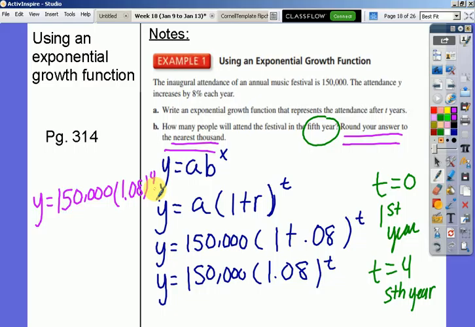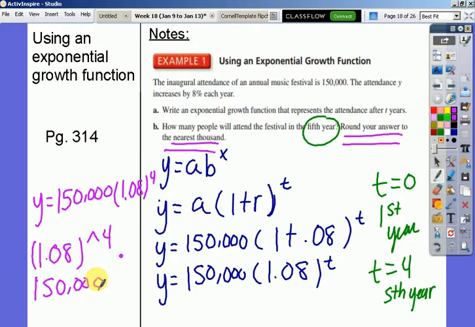So once you do 1.08 and you raise it to the 4th, again, if you can't find the 4th as an exponent on your calculator, use that caret button. It's called a caret. So input that in your calculator, and then multiply that by 150,000 to get your answer.